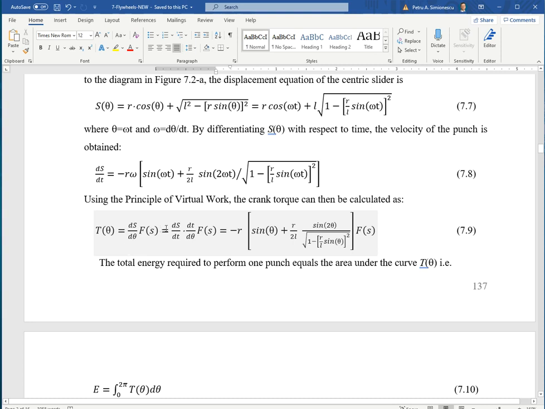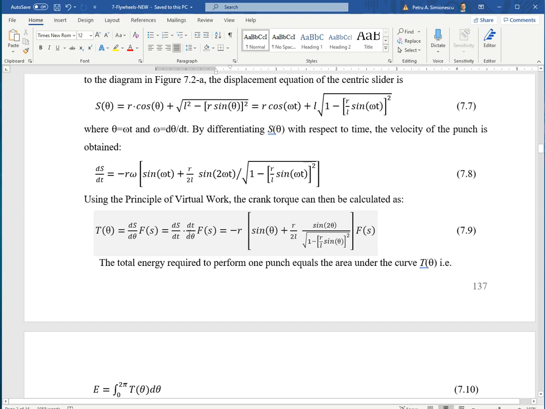Okay, actually this first piece of equation 7-9 is the principle of virtual work. So T times d theta equals ds times F, and with ds known from before, and doing this little change of variable, all right, so we have ds over d theta.